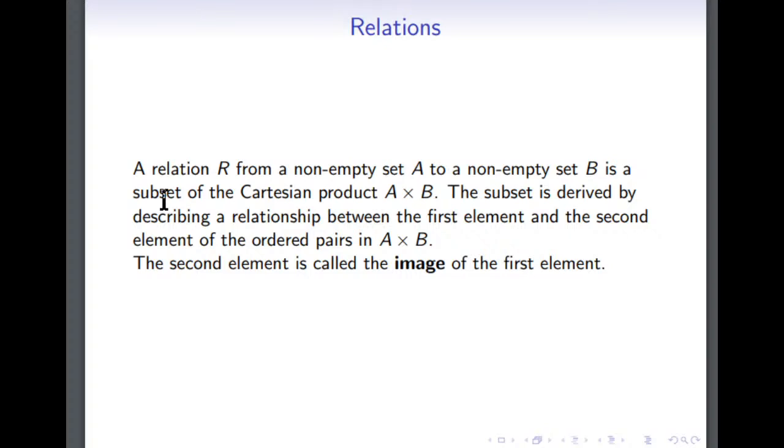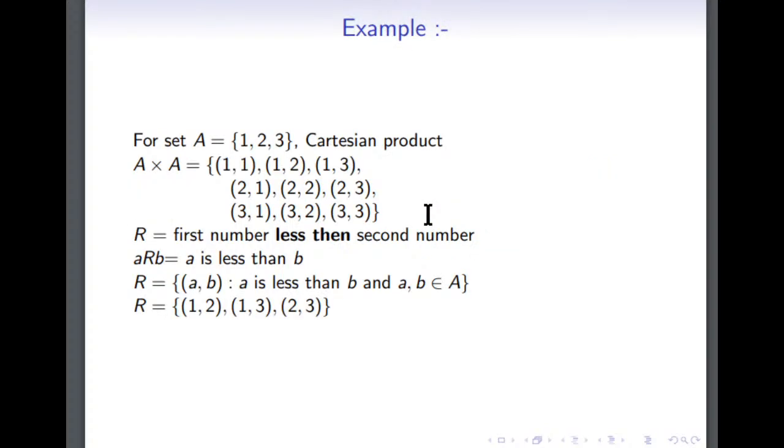Here we said earlier a relation R from non-empty set A to non-empty set B is a subset of the Cartesian product A cross B. Now you must be clear why I am saying subset of the Cartesian product, because the Cartesian product contains all the pairs of elements and a relation contains some selected pairs of elements, and these selected pairs came from the Cartesian product. So I say that a relation is a subset of the Cartesian product. Very good. Now let's move on.